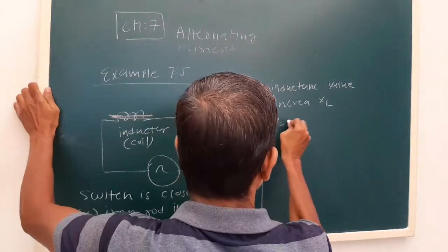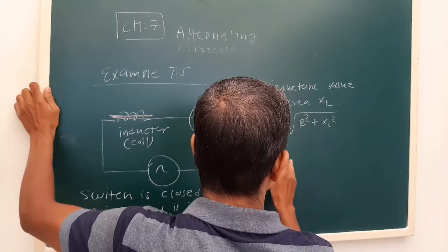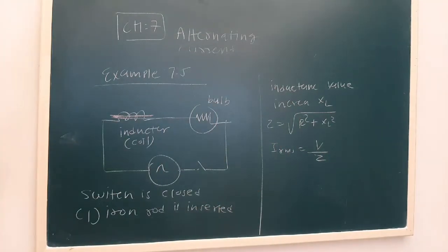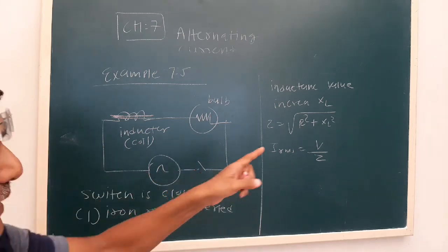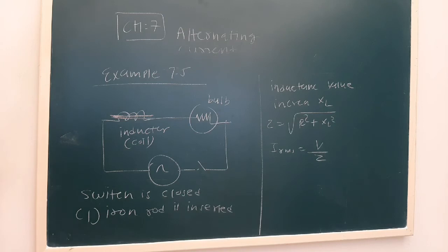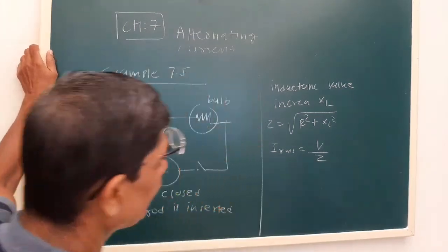See our formula, Z equals the root of R square plus XL square. So when the iron rod is inserted, Z will increase, so the current will decrease, so the bulb will shine less brightly.